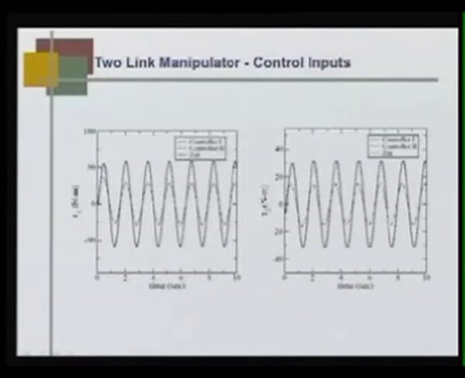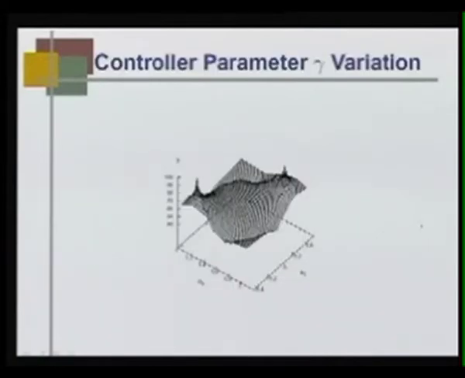And this is the control input tau 1 and tau 2, which is very smooth. And for the controller parameters, you see how the controller is varying at different operating zones theta 1 and theta 2. It is not a flat surface, it is not constant, it is varying.